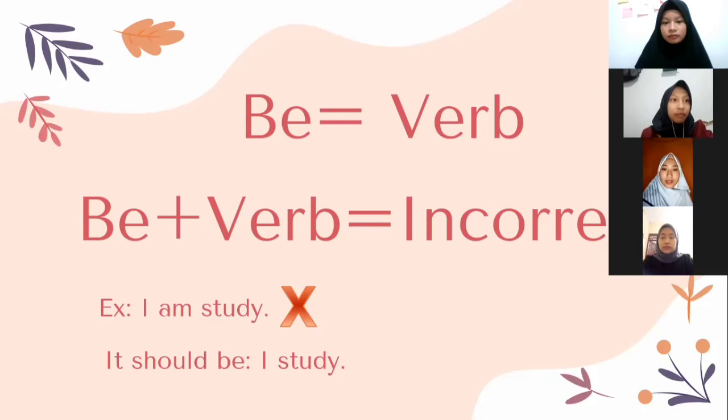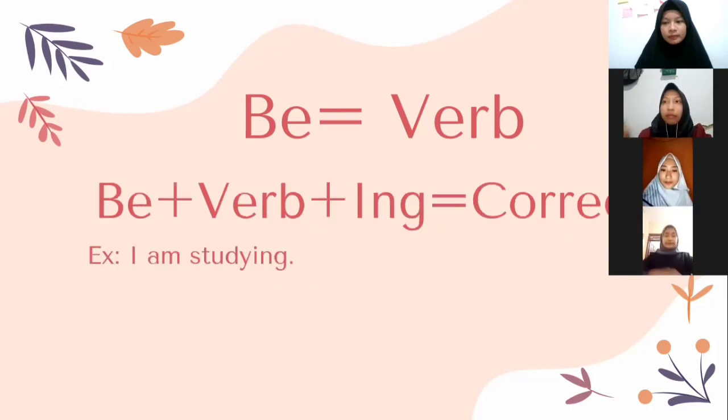We have discussed it, so we will go to the next slide. Okay, the next slide is be can be a verb. In a sentence, be also can be a verb. So if we have used be, we may not use another verb. For example, be plus verb plus ing is correct, but be plus verb is incorrect. We have discussed it, so let's go into the next slide.